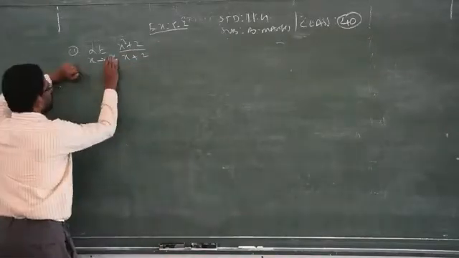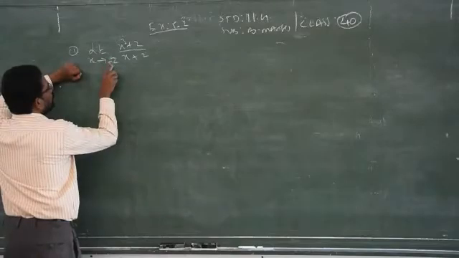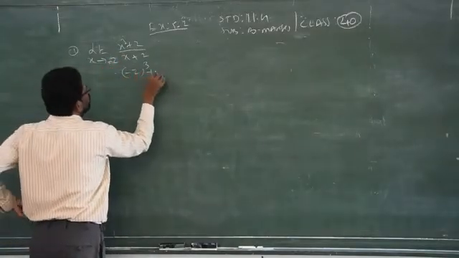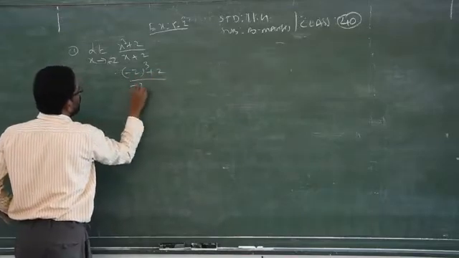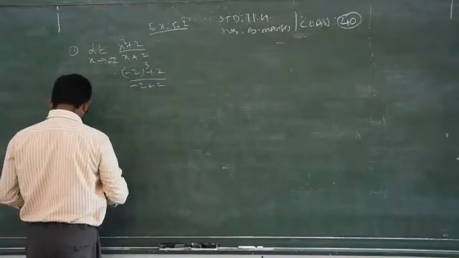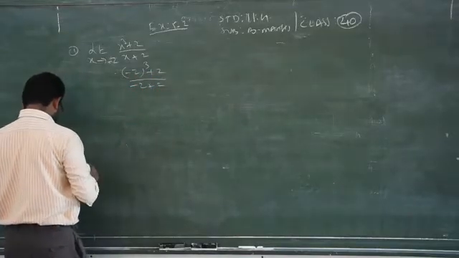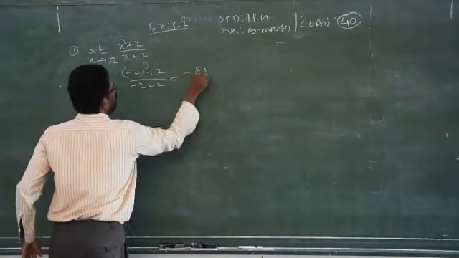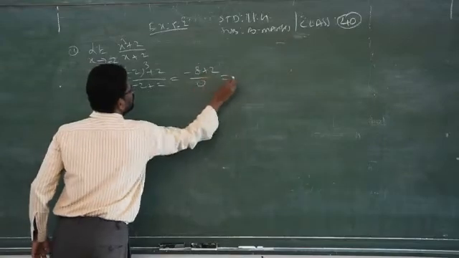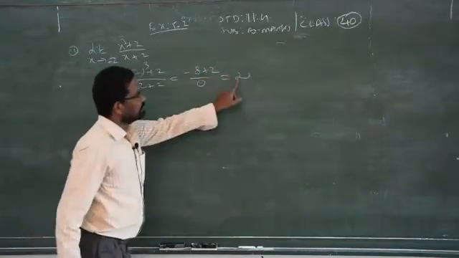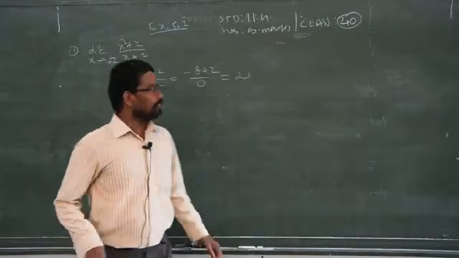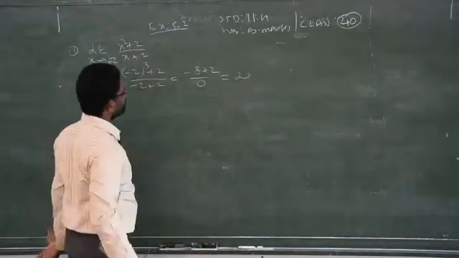Suppose I give minus 2 and you replace directly: (minus 2) power 3 plus 2 by minus 2 plus 2. What will come here? Minus 8 plus 2 by 0. Anything by 0 is infinity. So this is an indeterminate form. It is not allowed, so you cannot replace straight away.